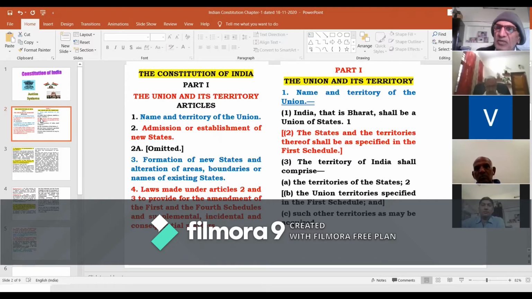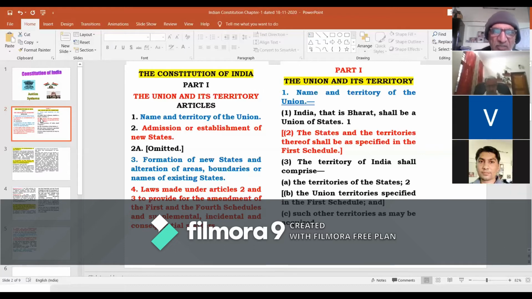The formation of the state of Haryana out of the existing state of Punjab brings us within the provisions of Article 3. Then the fourth is laws made under Articles 2 and 3 to provide for the amendment of the First and the Fourth Schedules and supplemental, incidental, and consequential matters.